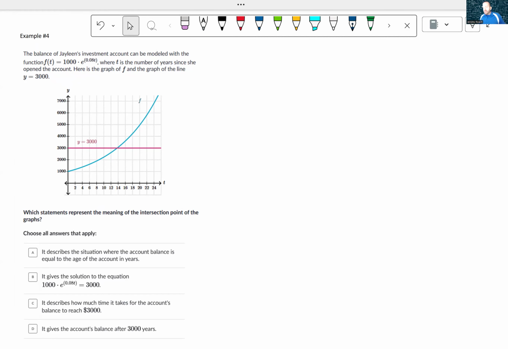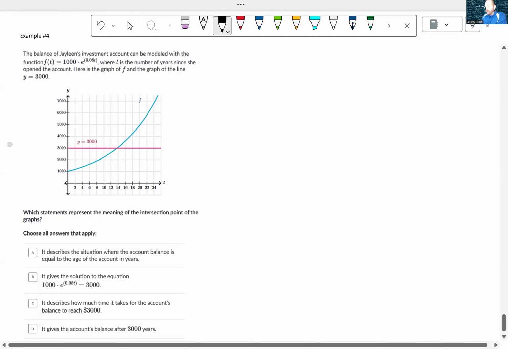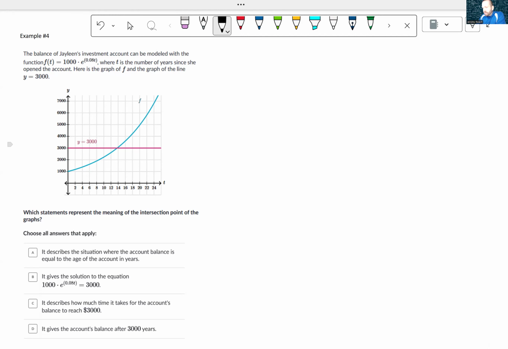So we have the balance of Jaylene's account, and we have the function for that account. And we're using e to show exponential growth in this case. And t is basically our x value, and t is the time. And it shows us the graph of f and the graph of y equals 3000.